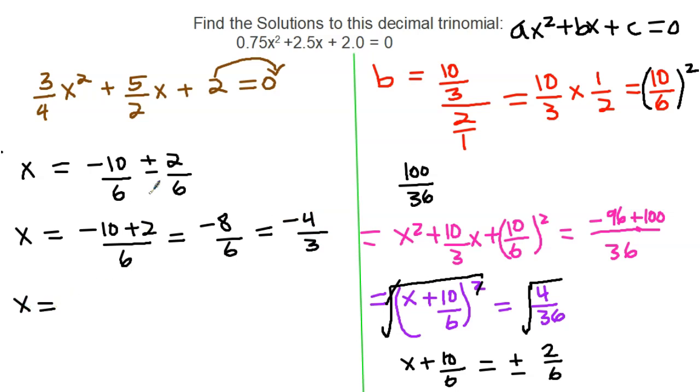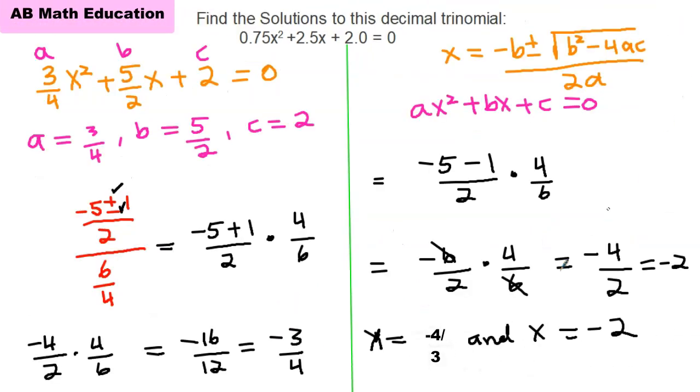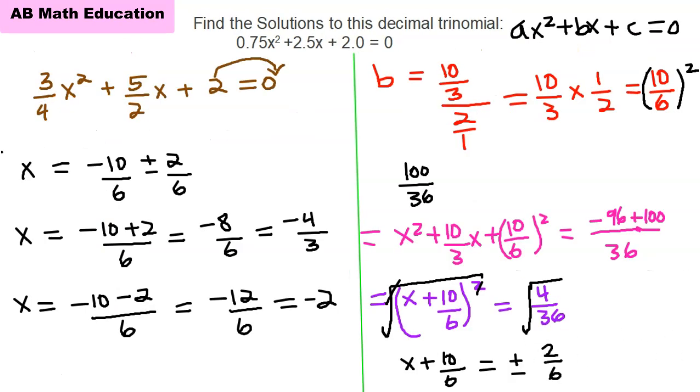Next one, we look at the negative, and then we get negative 10 minus 2, all divided by 6, and we will get negative 12 divided by 6, and that will be negative 2. So these are the two solutions, and we realize we got the same thing as when we used the quadratic formula. So you pick which one helps you.